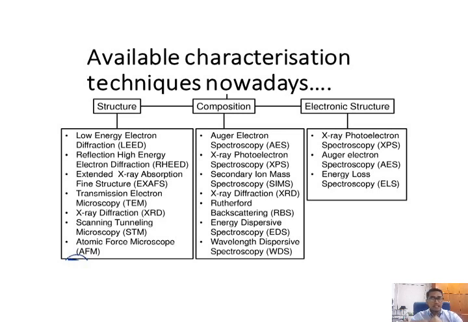For composition analysis that still uses X-ray, we can use X-ray photoelectron spectroscopy XPS, Auger electron spectroscopy AES, secondary ion mass spectrometry SIMS, and a few more. For electronic structure, we can still use X-ray electron spectroscopy, Auger electron spectroscopy, or energy loss spectroscopy. So those listed characterization techniques use X-ray as the principal or part of the instrumentation.